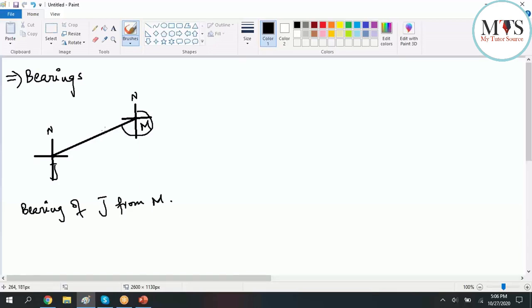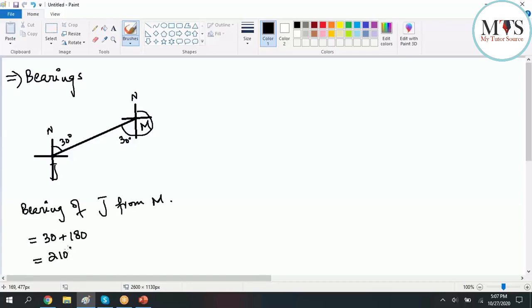Now let's say this angle they've given us as 30. If you remember the alternate angle properties, if this is 30, this alternate angle is also 30, right? An angle on a straight line is 180. So the bearing of J from M would be 30 plus 180, which equals 210 degrees.